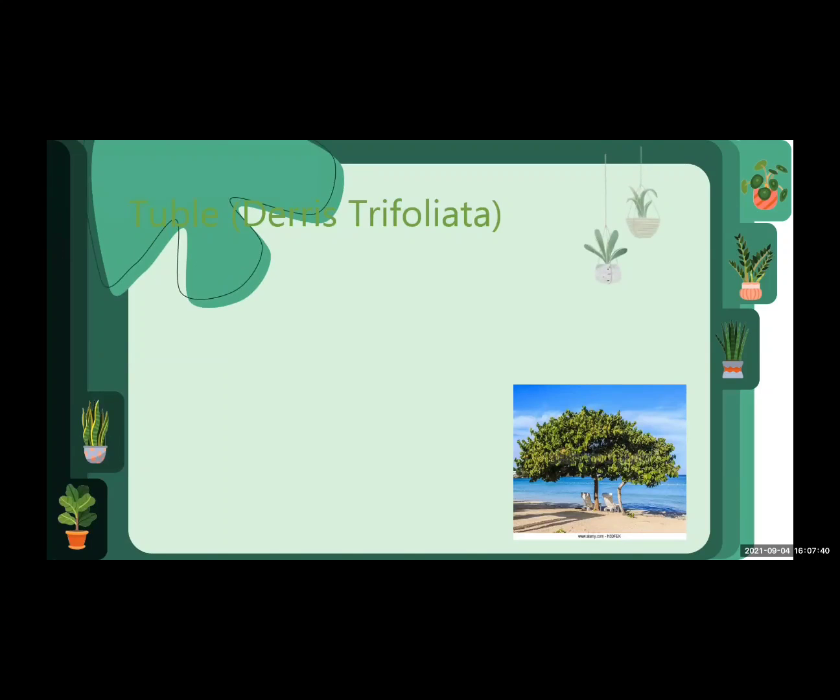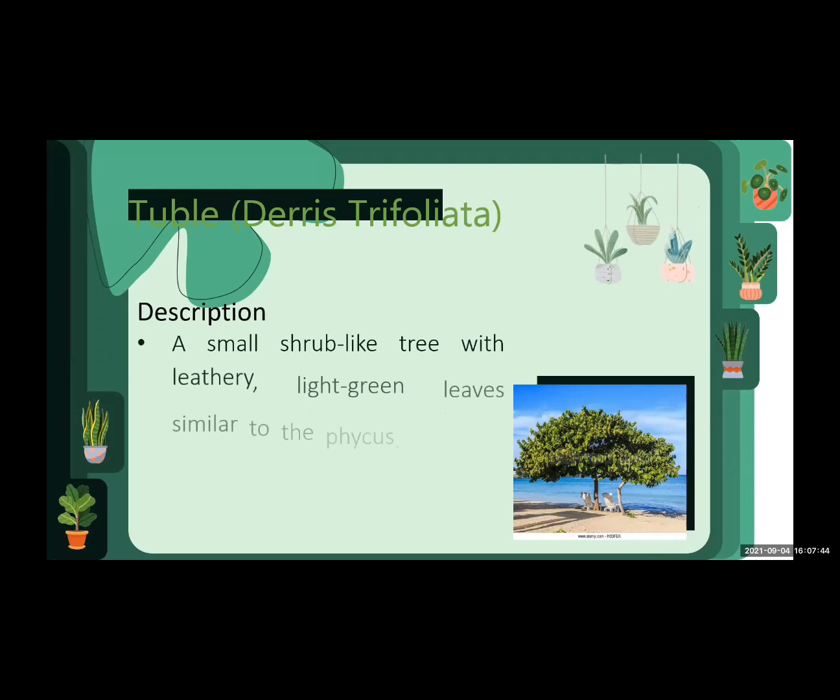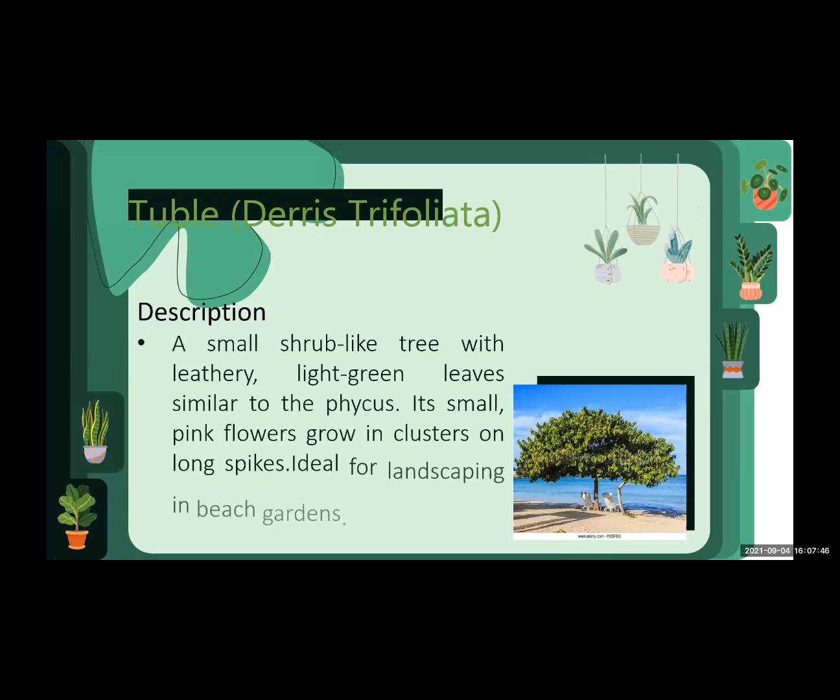Tabal, or in scientific name Dolichandrone trifoliata. Description: a small shrub-like tree with leathery, light green leaves, similar to the ficus. Its small pink flowers grow in clusters on long spikes. Ideal for landscaping in beach gardens.